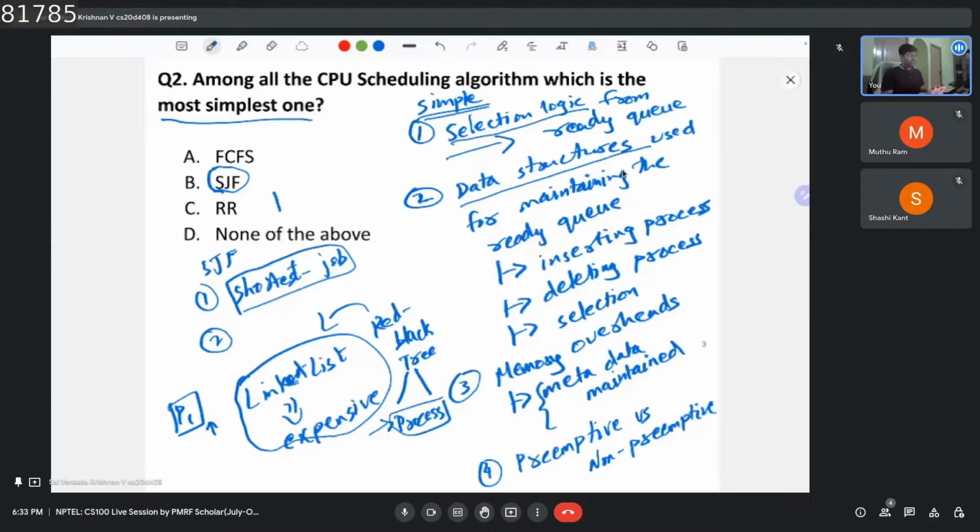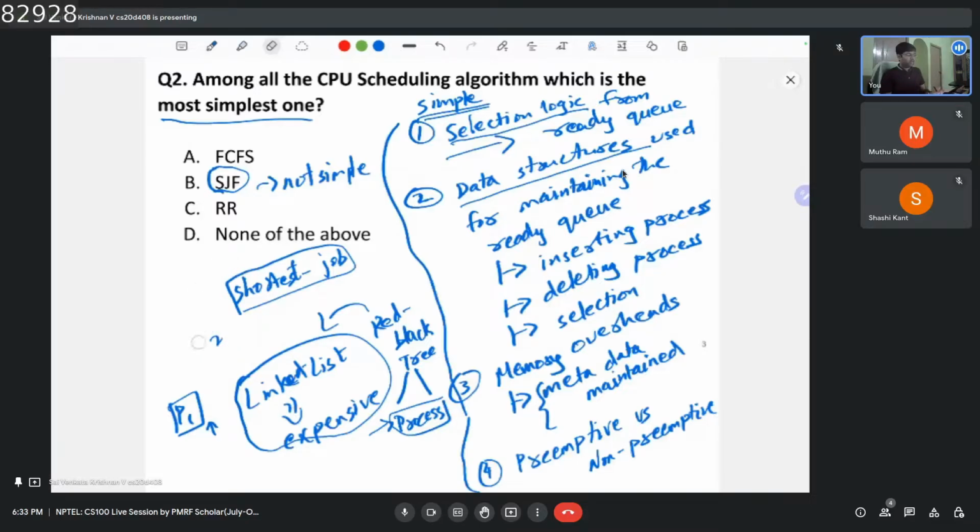So this is what SJF is all about, and based on these four factors, SJF is expensive. It's not simple actually. It's somewhat tricky to implement.